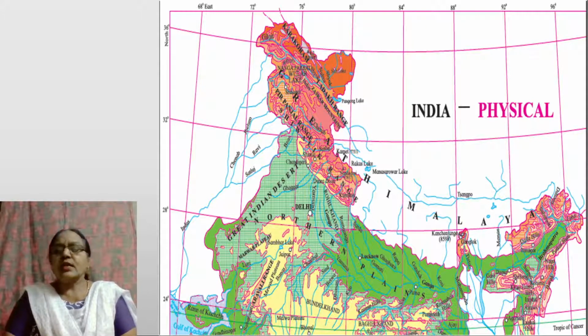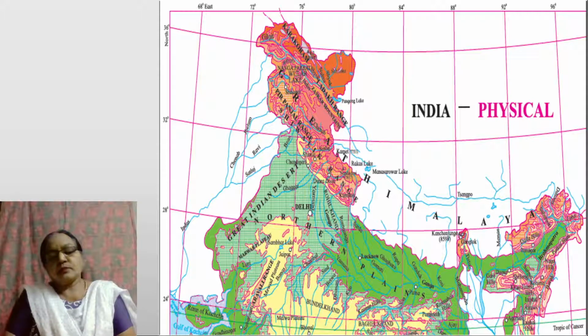So these rivers are perennial. That is, they have water throughout the year. In summer, due to the melting of the glaciers, and during the rainy season or monsoons, they get rain. So they are perennial rivers.